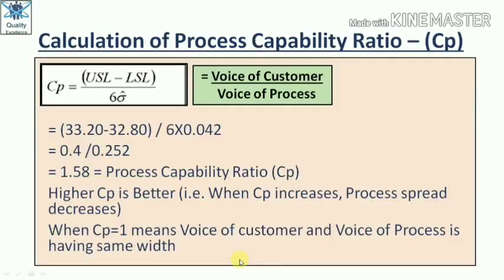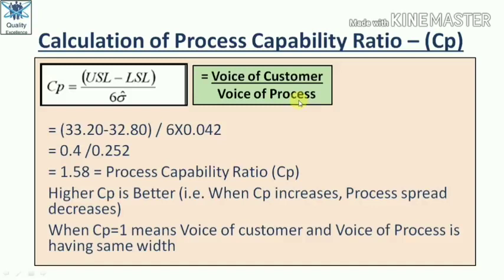Now let us see how to calculate process capability ratio, which is CP. The formula of CP is USL minus LSL upon 6 sigma. What is USL minus LSL? We have already seen this in our previous slide. That is nothing but voice of customer. And 6 sigma, sigma we have already calculated, right? It is also known as voice of process.